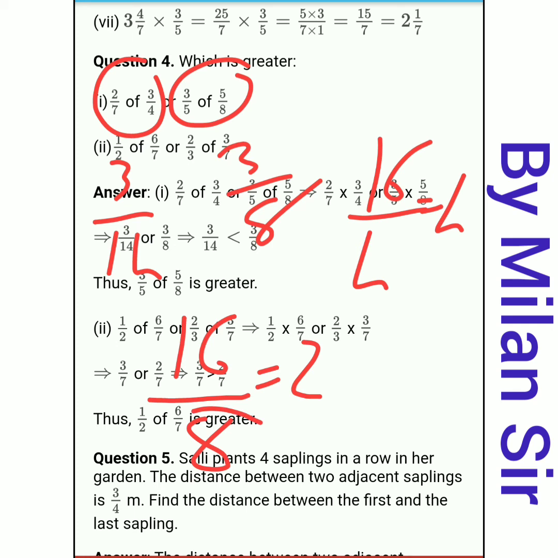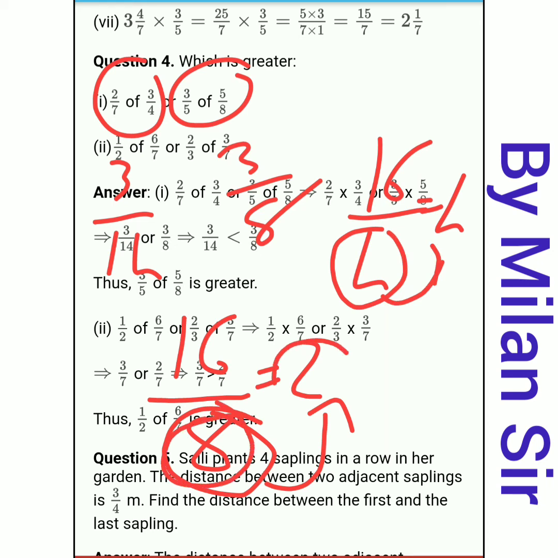Right, here in denominator if we take big number, then our answer is 2. If here we take small number, answer is 4. So if we take big number, then our answer is less. If we take a small number, then our answer is big. Right, so if we divide any number with big number, then our answer becomes lesser.